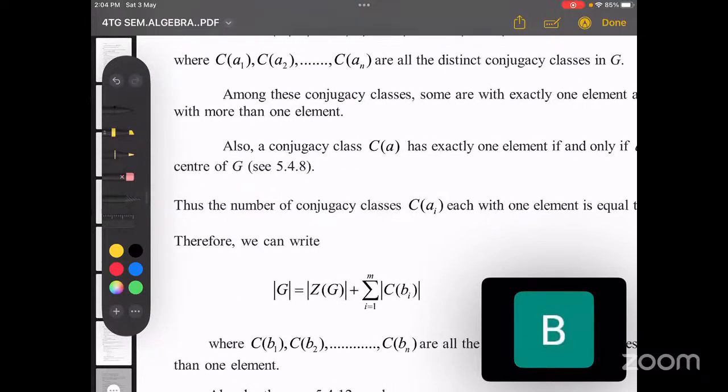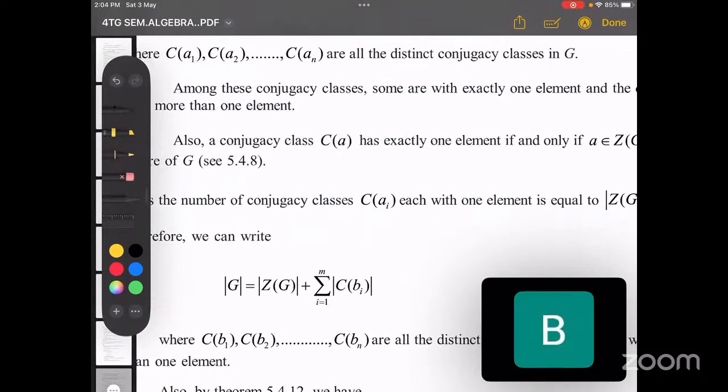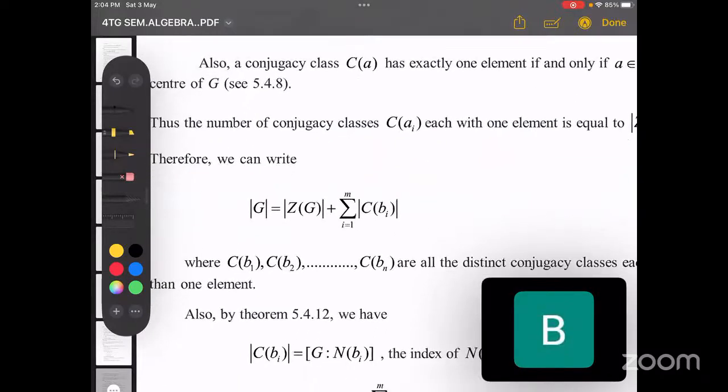So here you are taking the elements in the conjugacy classes with only one element, and you are writing their count as the order of Z of G. Therefore, we can write order of G is equal to order of Z of G plus the summation i equals 1 to m of order of C of Bi, where C of B1, B2, up to Bm are all distinct conjugacy classes, each with more than one element.